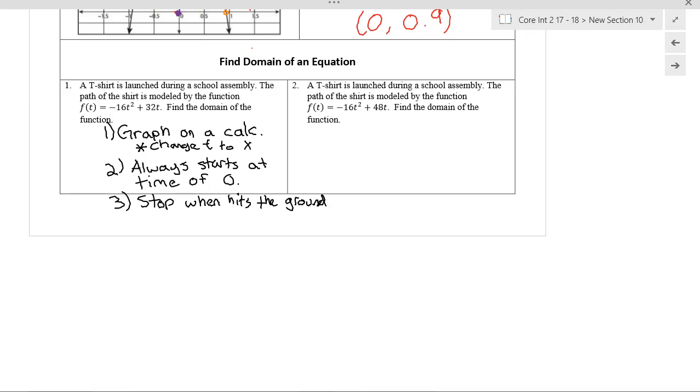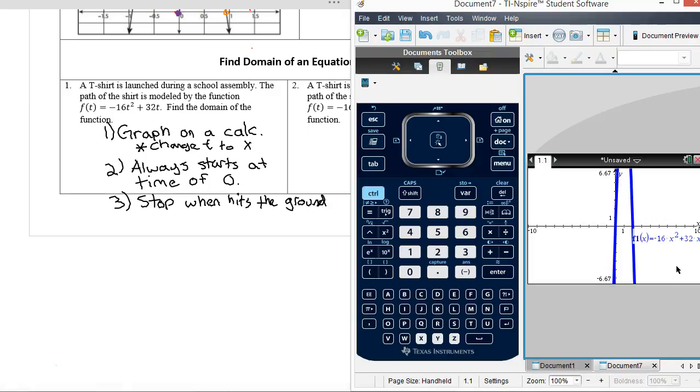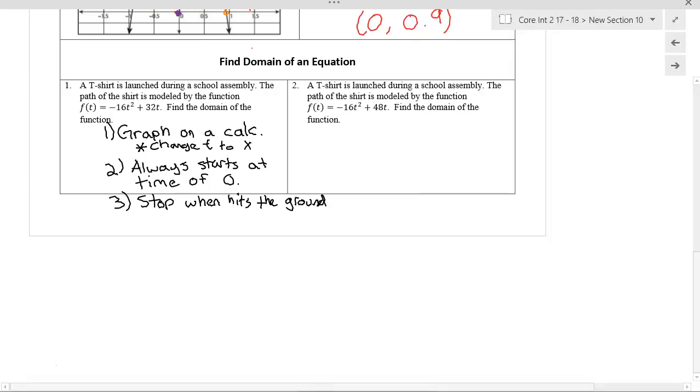So looking at this, it starts at 0, it hits the ground right here, right? That's at 1, 2. So starts at 0, stops at 2. So the domain is 0 to 2.